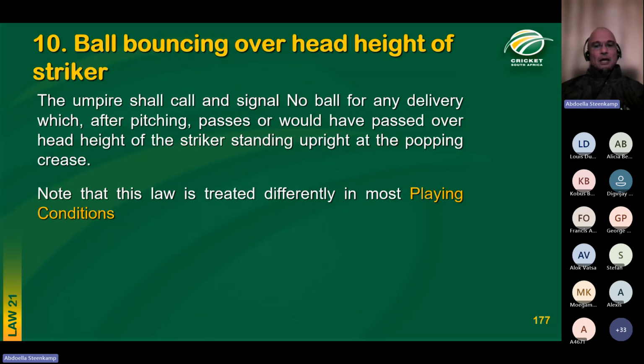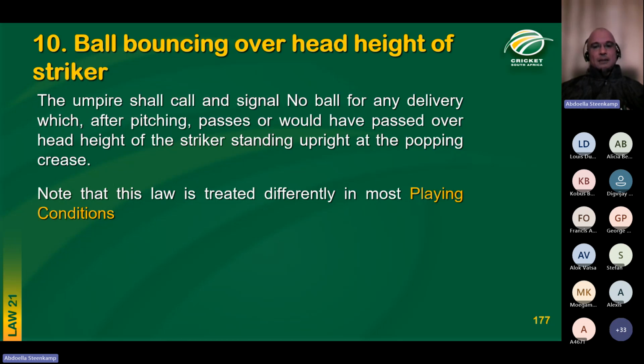What happens if a bowler bowls a short ball and it goes above the head height of the batter standing upright at the popping crease? What do the umpires show? The umpire shows wide. Let's say it's a T20 game and it's the first one in the over that goes over head height of the striker standing upright at the popping crease.